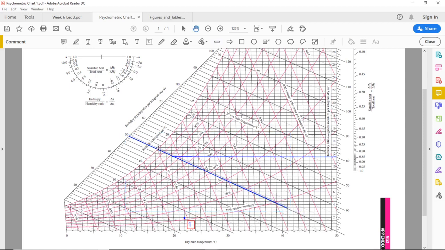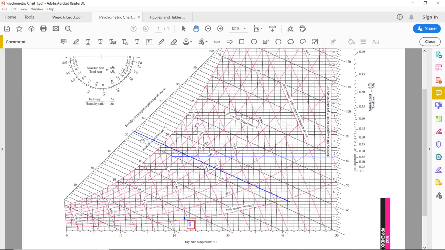So I have to just move this to, this is 52 and 53, 52.8 is just around here. Okay.